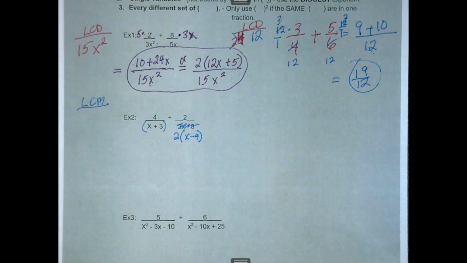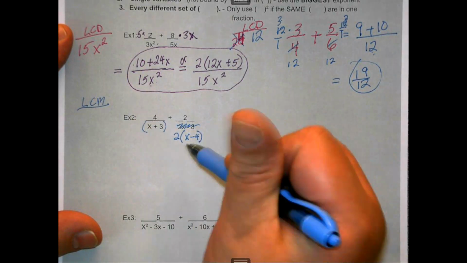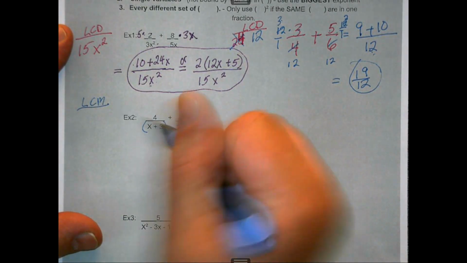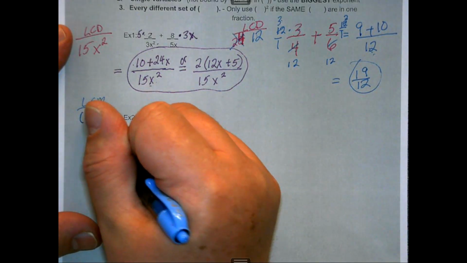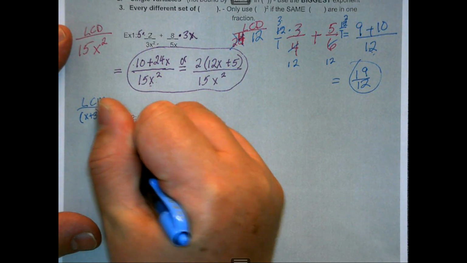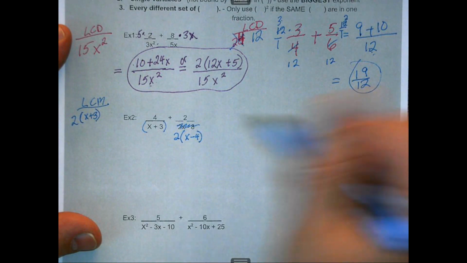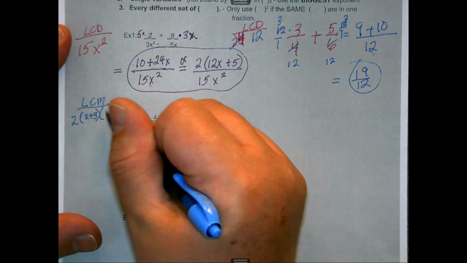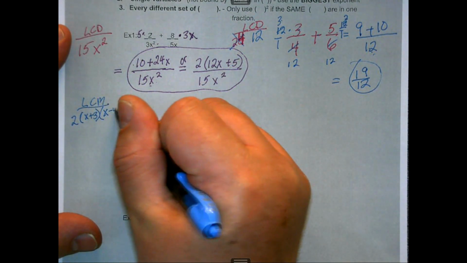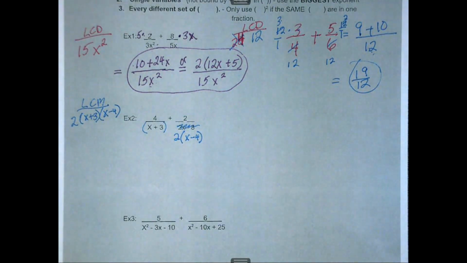Yeah, I'm going to use that instead of the original. So my least common multiple, let's see, I need an x plus 3. I need a 2. I'm going to put that in front. And then I need an x minus 4. So there's my least common multiple.